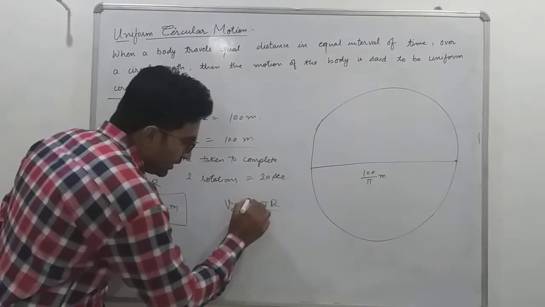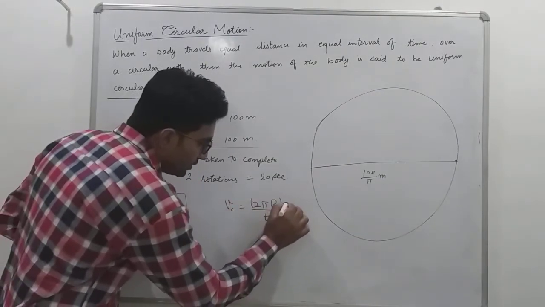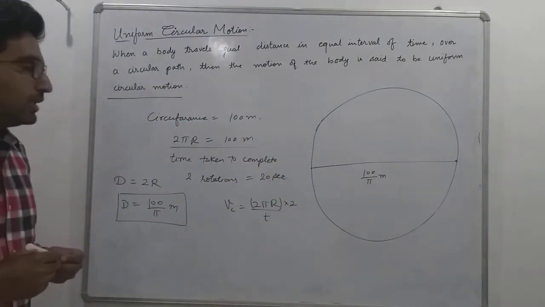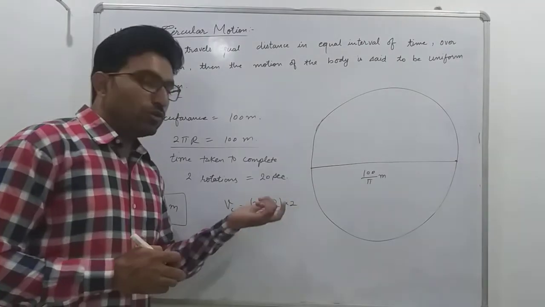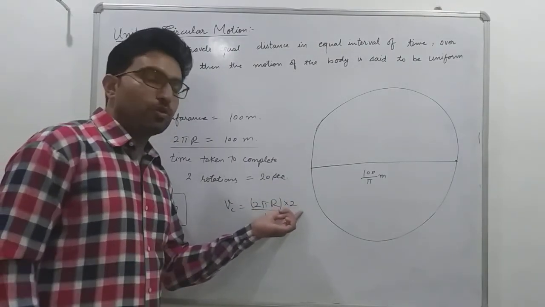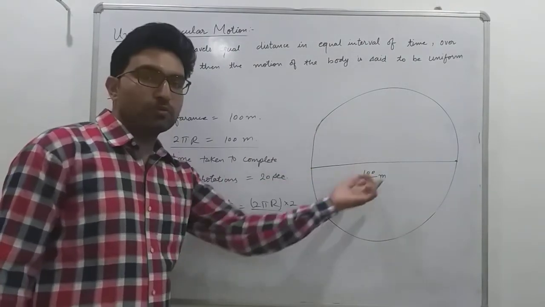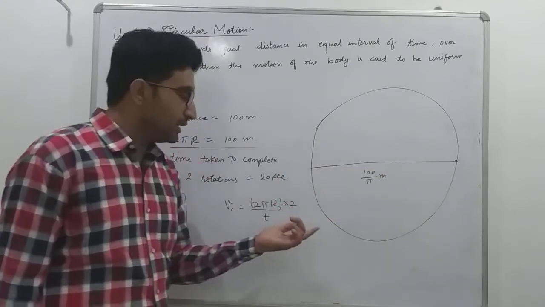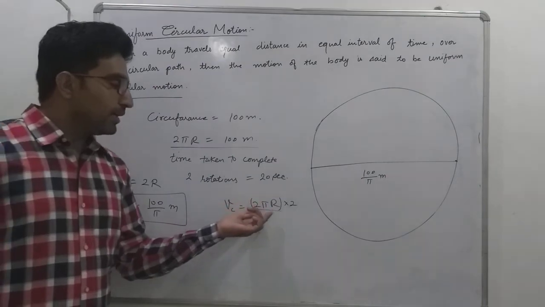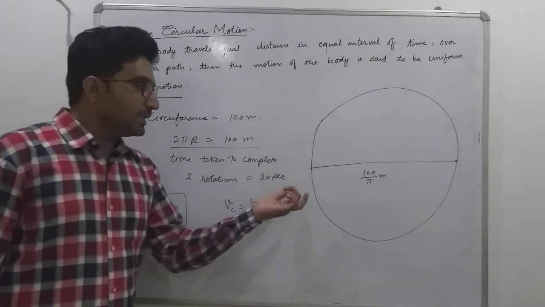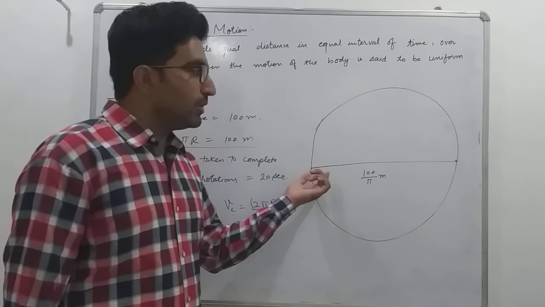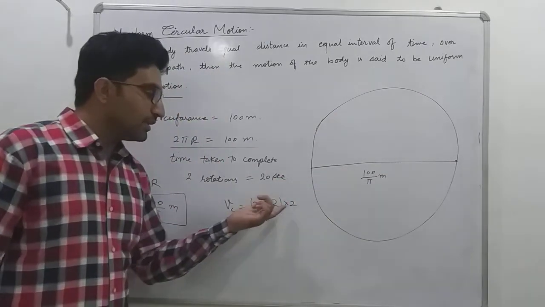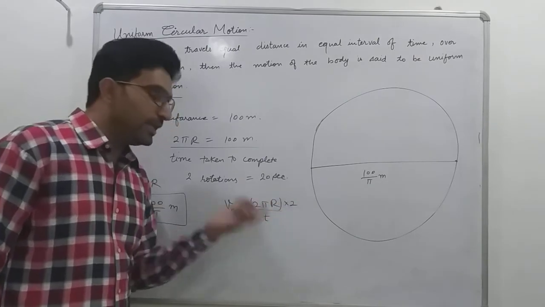So we use 2 pi r multiplied by 2, because the athlete completes 2 rounds. If it were given that the athlete completes one round in 20 seconds, then we would take 2 pi r by time. But here the athlete completes 2 rounds in 20 seconds, so we use 2 pi r multiplied by 2 divided by t.